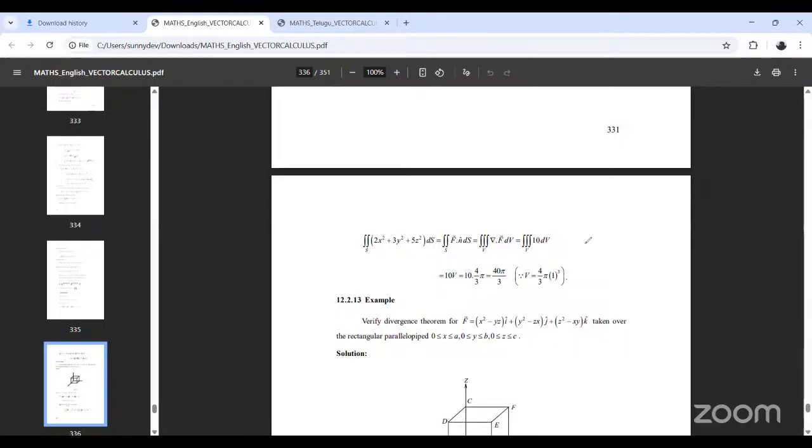The volume of a sphere is 4/3 pi r cube. So finally we are getting 40 pi by 3.